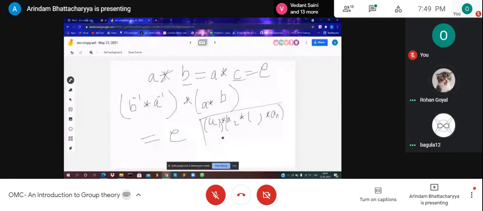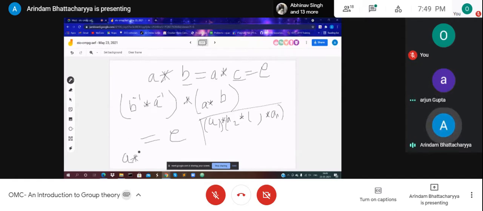It does not mean we can change the order of the elements. But suppose you want to simplify A into B into A inverse, where A and B are random elements. Then how can associativity relate A and A inverse, where B is in between? You are not changing the brackets, right? You are talking about changing the order of the product.